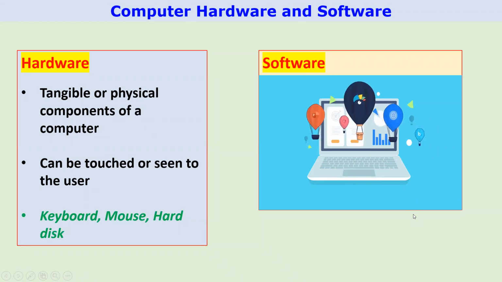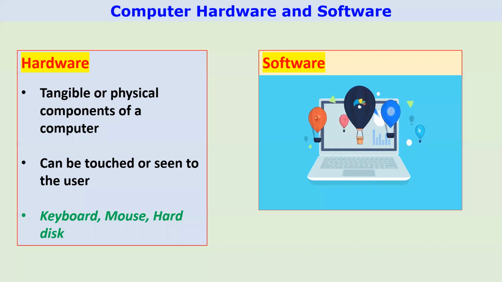Software means the intangible part of the computer. You can't touch it, only you can see it or you can feel it, but you can't touch it, right? Like sound output. Think about the sound output. Then only you can feel it, sound, right? Whatever things you can see on the screen, right? You can't touch it.